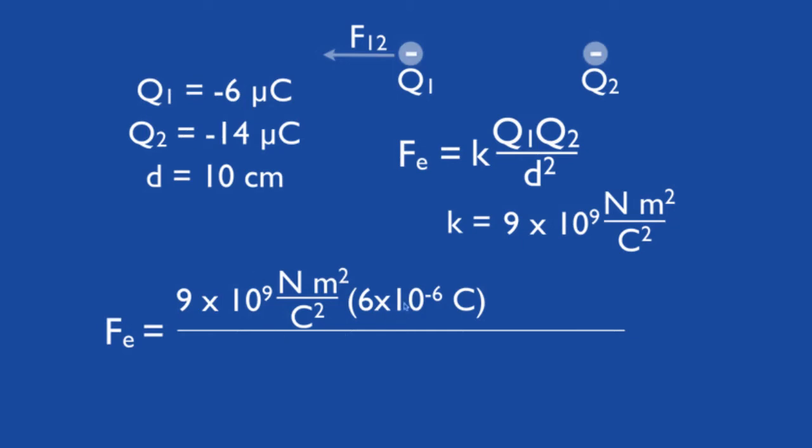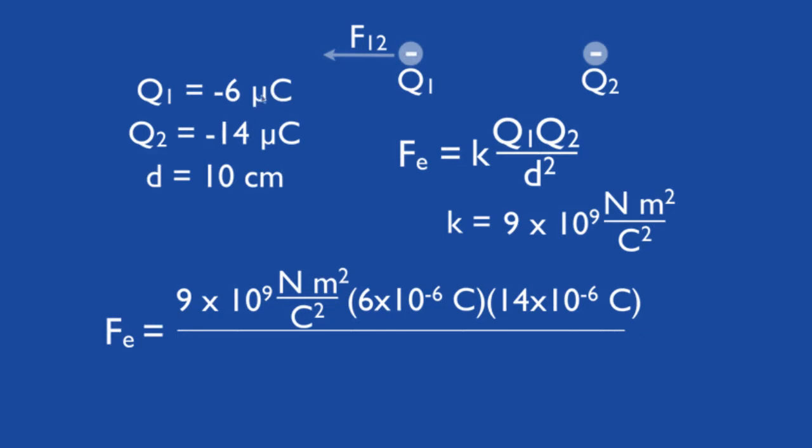So this is 6 times 10 to the minus 6 coulombs. Once again, we are not going to put down minus 14. It is just 14 times 10 to the minus 6. Always put down the positive value.